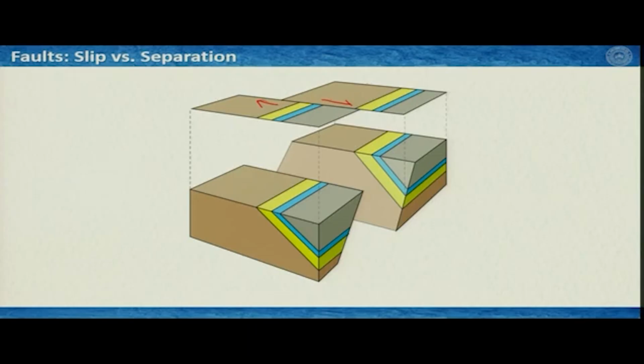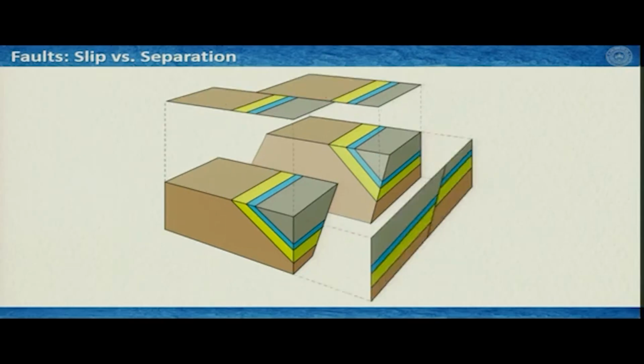Now, say this fault got an exposure by some river cut or erosion, and this vertical surface is exposed. If that happens, then we may see it on the vertical section like this, where this is the trace of the fault plane, right, and we see that it is showing a normal dip slip component.